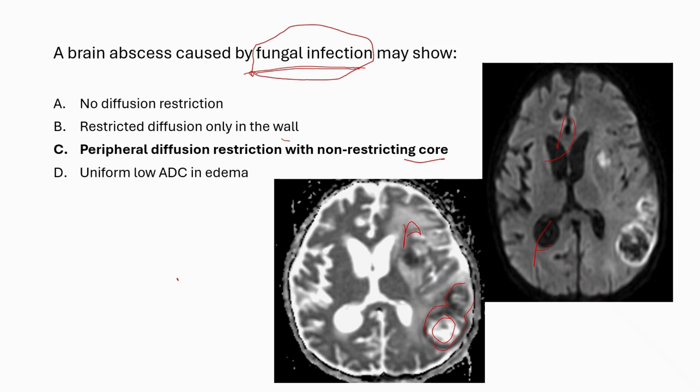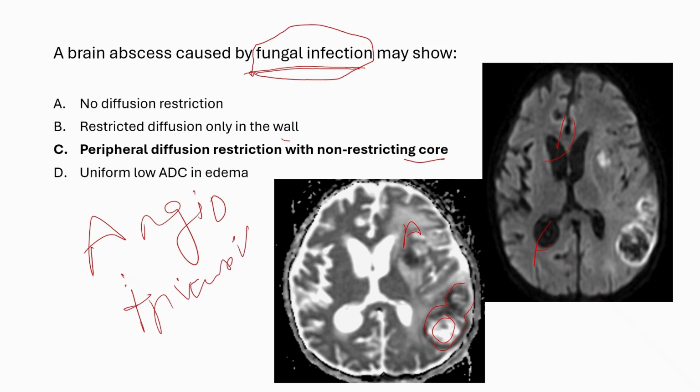Because fungal infections are angio-invasive. This leads to vascular thrombosis and high cellularity of the abscess wall. This is due to the fungal hyphae in the wall of the fungal lesion and inflammatory cells, causing restricted diffusion in the wall, while the central core is relatively acellular as compared to the pyogenic abscess.